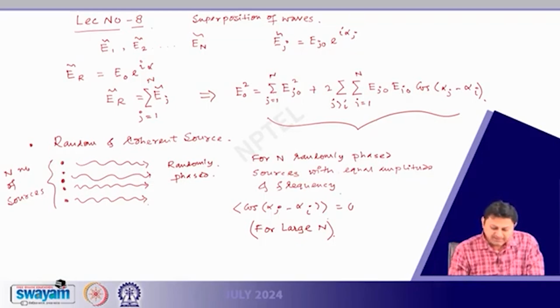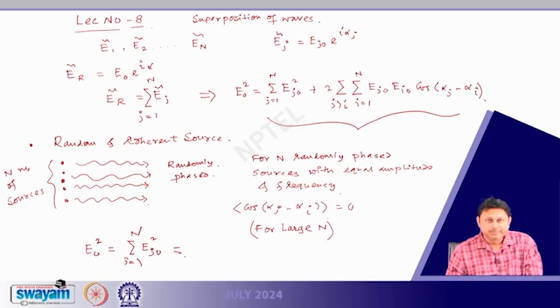So if randomly oriented sources are emitting waves and I add all the waves, the value of E0 square will simply be the sum of Ej0 square, where j goes from 1 to n.